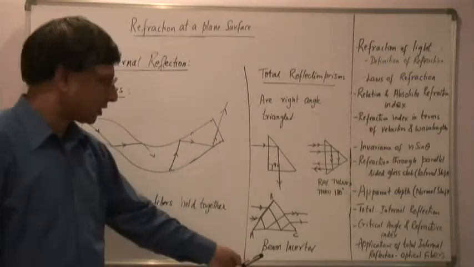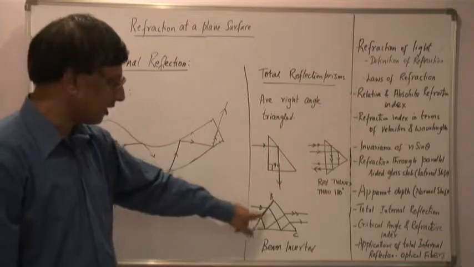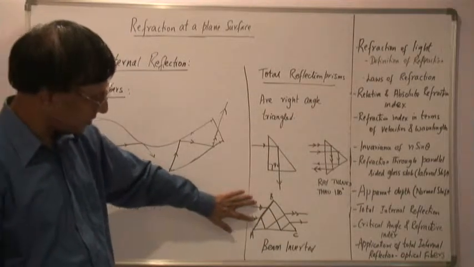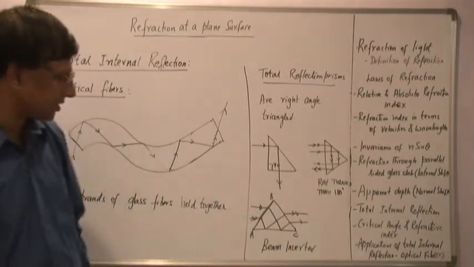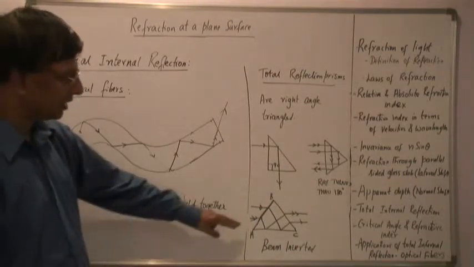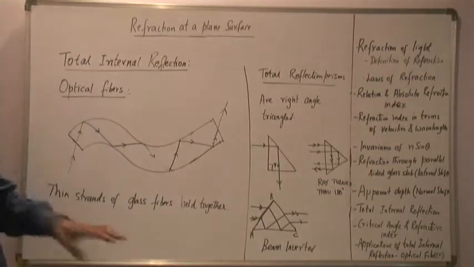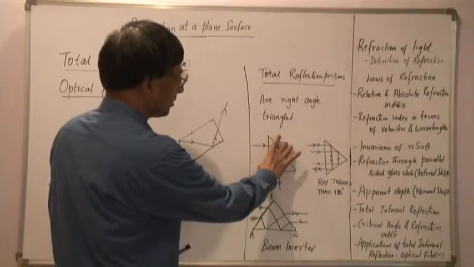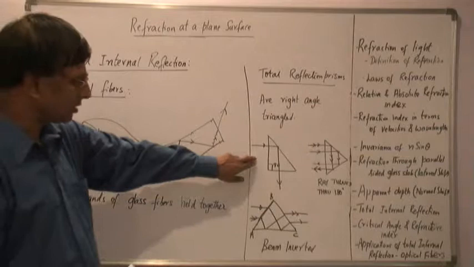So this is the diagram for the beam inverted. I have the prism here, and I am considering two rays incident here. They get internally reflected and emerge from the other side. The angle of incidence has to be greater than or equal to 45 degrees for glass, because 45 degrees is the critical angle for glass. So this is the first type of prism I can have, which shows total reflection.